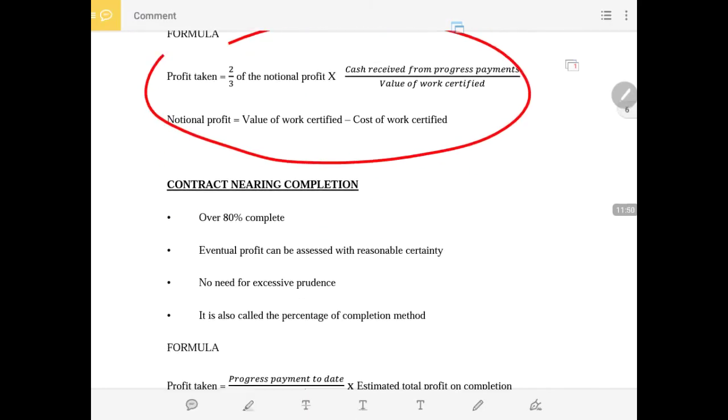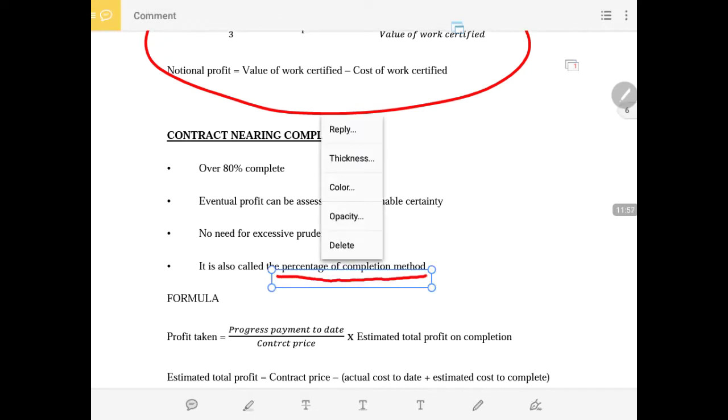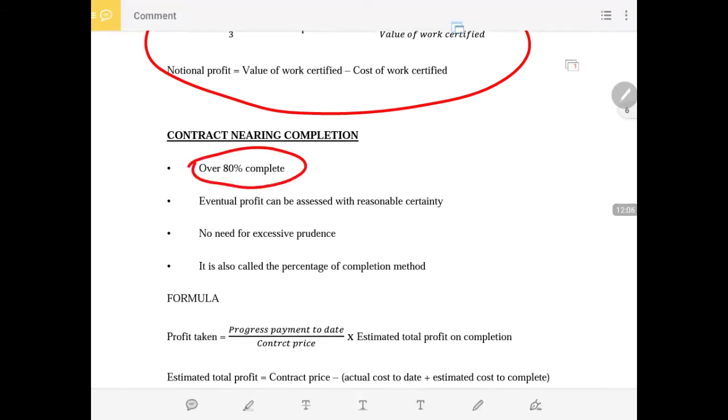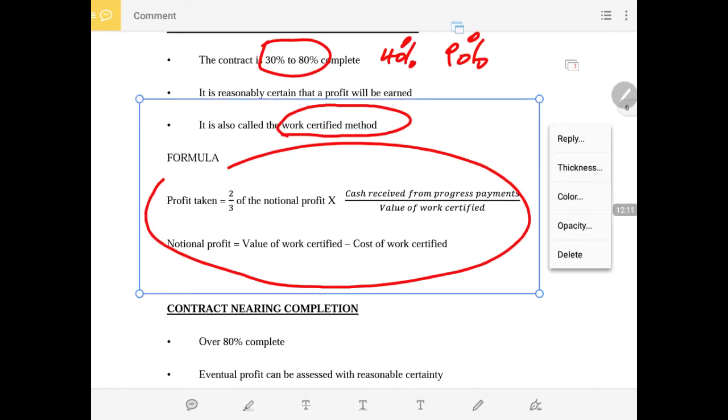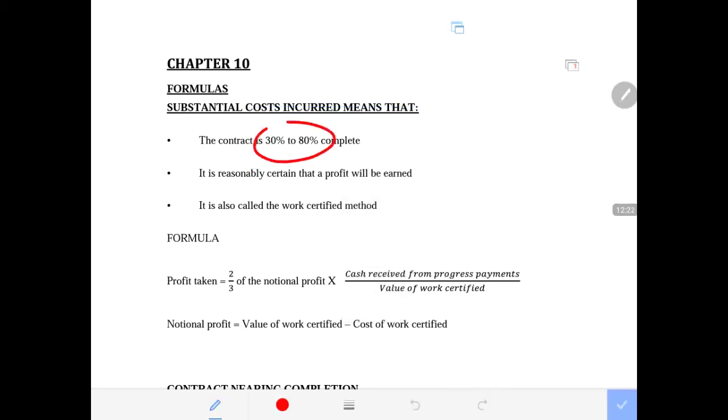And they also told us to use, in the second requirement, the percentage of completion method. So we know that we are going to use these 2 methods, but at some time we need to know how to calculate the percentage completion, which is called the degree of completion. But this question is not focusing on determining between what percentages the project or the contract is. They just say, don't worry about that. Just assume that the percentage is between 30% to 80%.